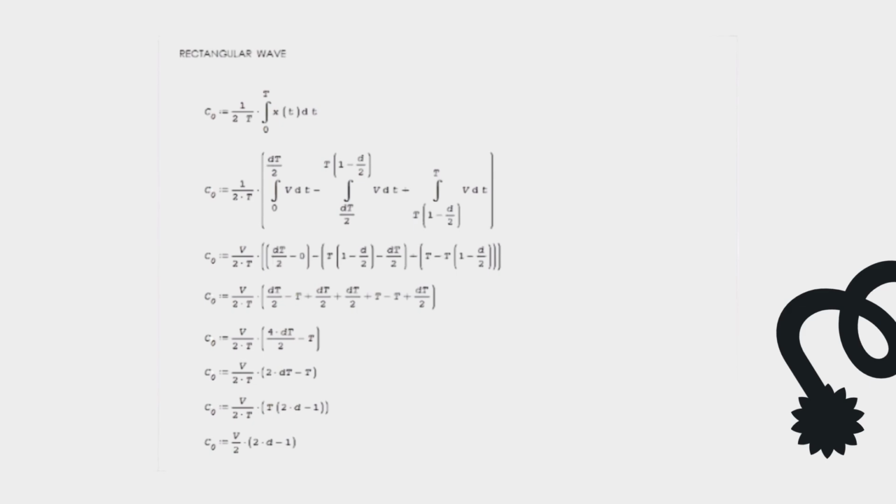C naught is equal to v over 2 times t times dt over 2 minus t plus dt over 2 plus dt over 2 plus t minus t plus dt over 2. And now c naught is equal to v over 2t times 4 dt over 2 minus t. And upon computing, the result now is c naught is equal to v over 2 times d minus 1.